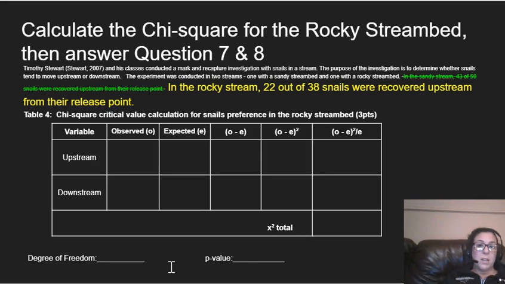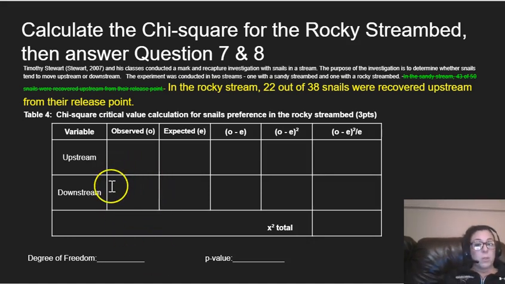Now you are ready to look at the calculation for chi-square in the rocky stream bed. The rocky stream bed is everything that's here in yellow. You're looking at 22 of 28 snails recovered upstream. You're going to do the math to determine how many are going to be downstream, and then you're going to fill out the rest of this table just like we did together.